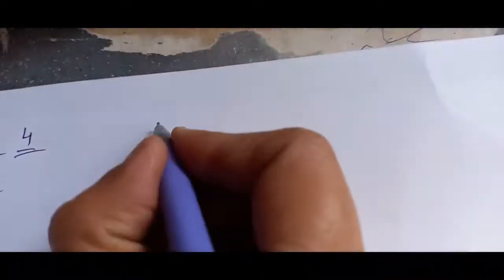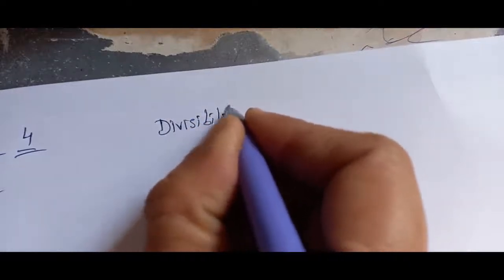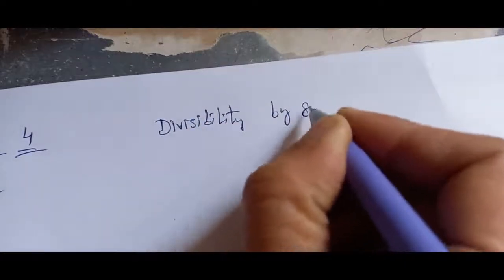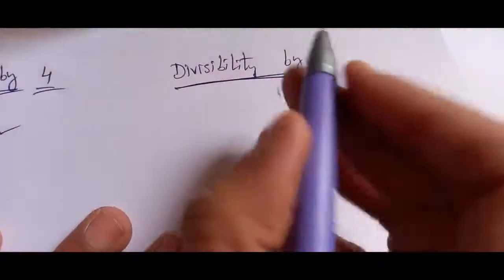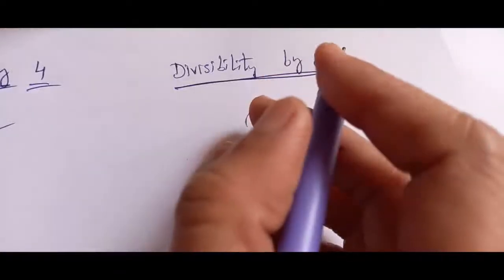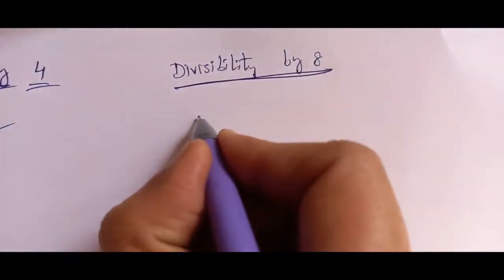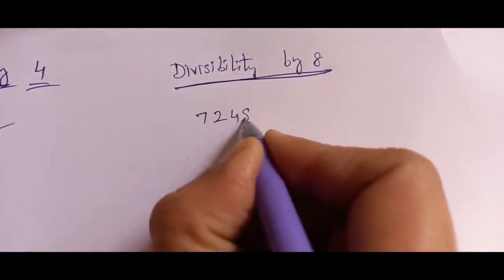For 8 also, divisibility by 8. If the last three digits are divisible by 8, then that number is divisible by 8. Let's see for example, 7248 is there.